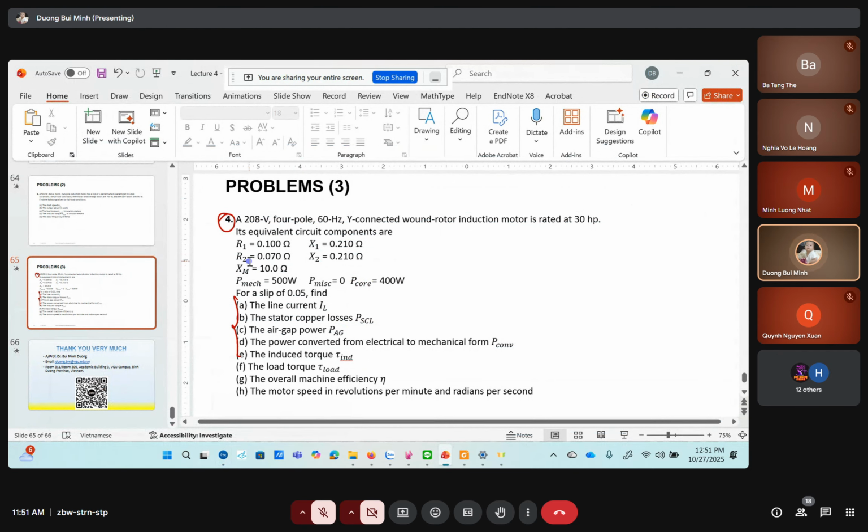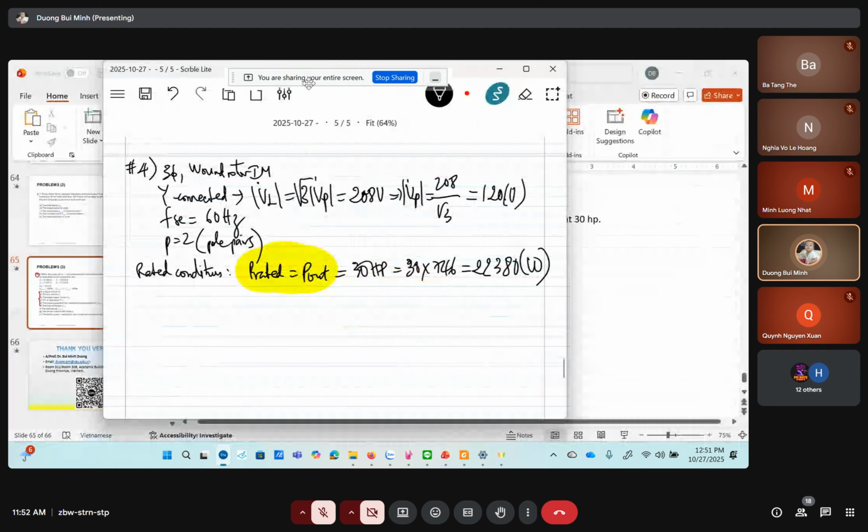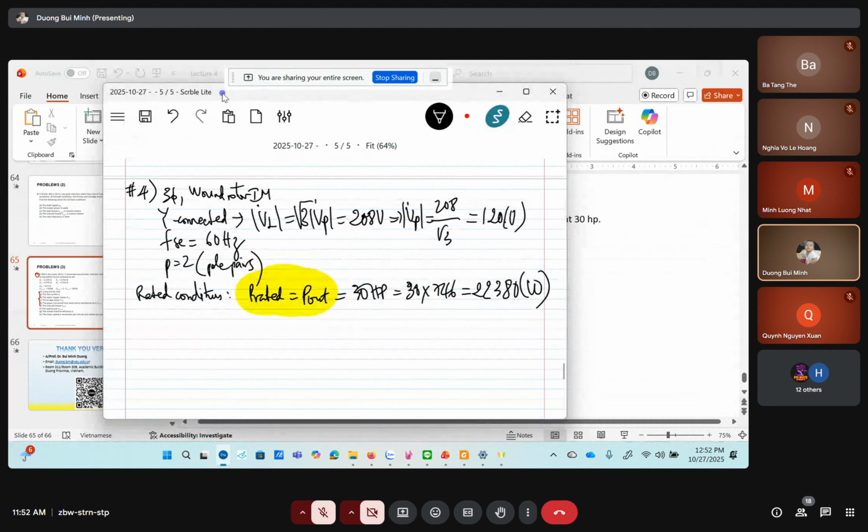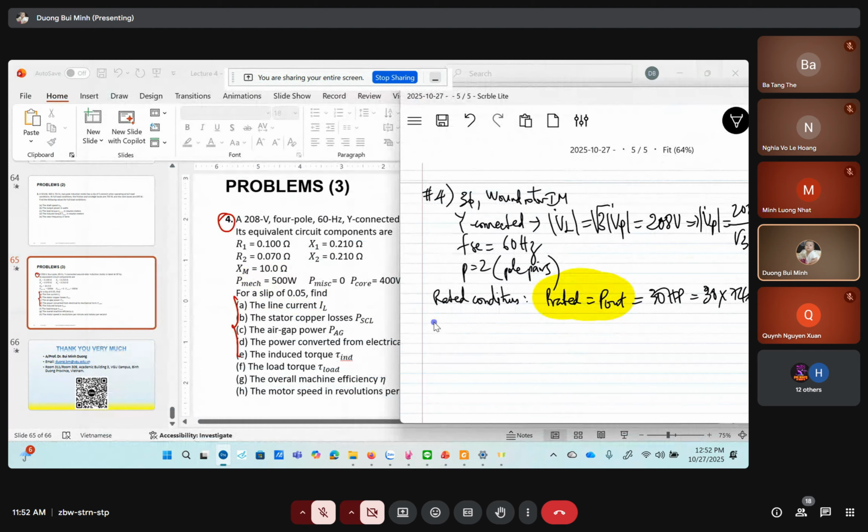So we have R1 and R2. R1 is 0.1 ohm. Maybe I zoom in a little bit here. We have R1 is 0.1 ohm, X1 is 0.21 ohm, R2' is 0.07 ohm, and X2' is 0.21 ohm also.